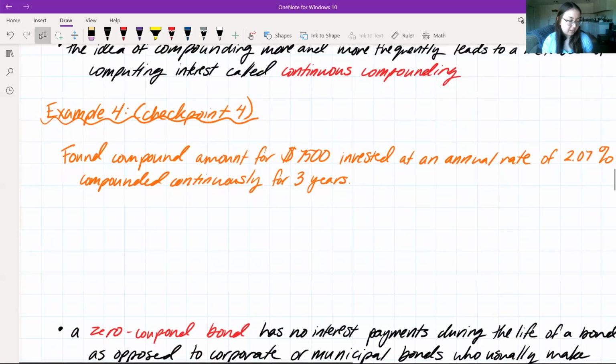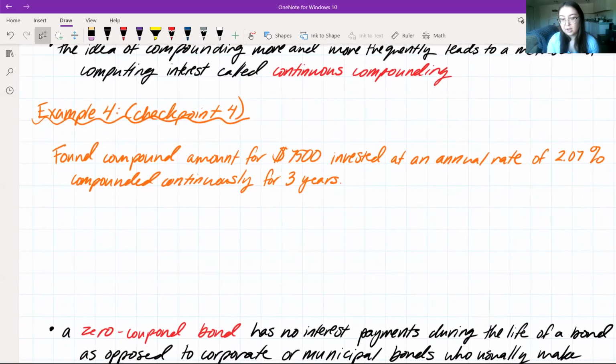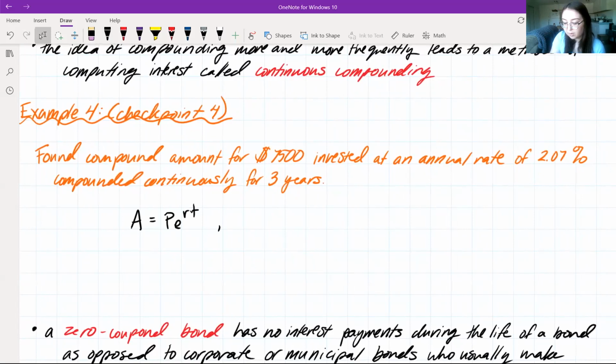So if we're going to compound continuously, we're going to use our equation of A is equal to P E^(RT). So if we use this equation, we have that P is equal to $7,500.